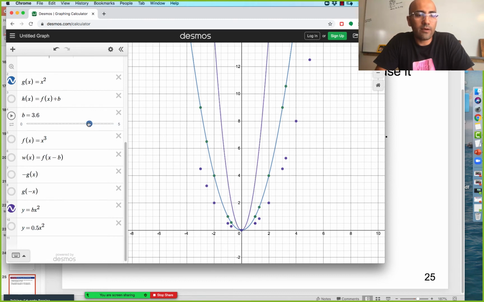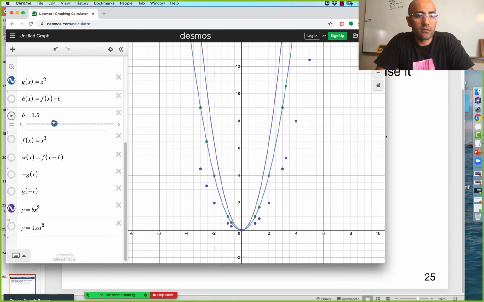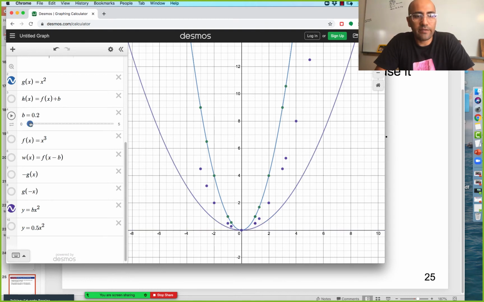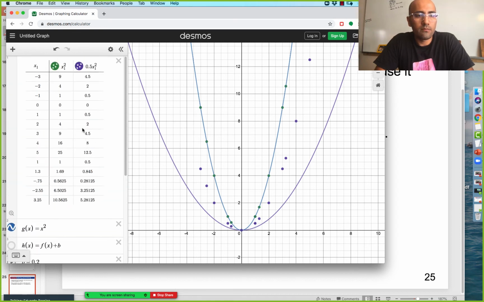When we multiply by 1, of course, then we just get the original function. And if we multiply by a decimal between 0 and 1, it gets wider and wider until we multiply by 0, which gives us the horizontal axis. Good. Any questions about that?